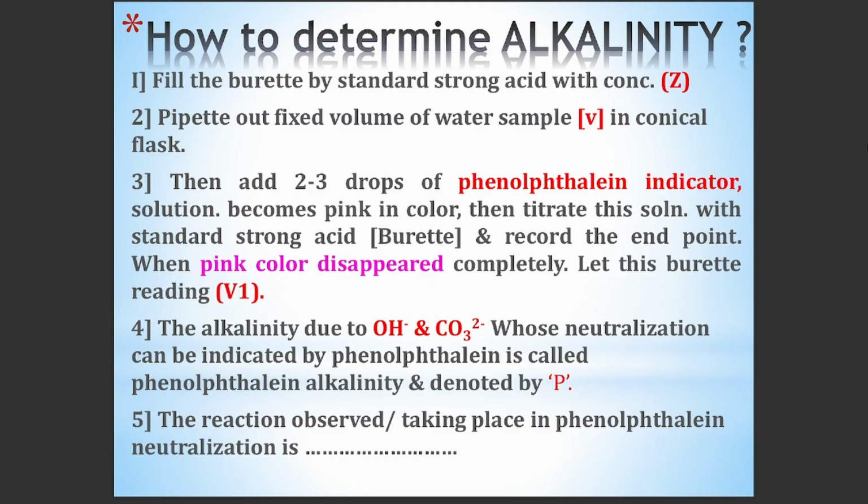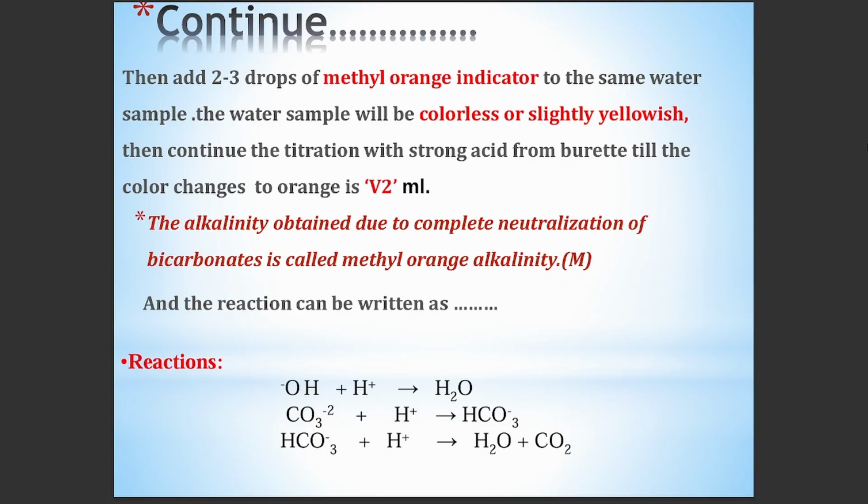The alkalinity due to the hydroxide and carbonates, whose neutralization can be indicated by the phenolphthalein indicator, is called the phenolphthalein alkalinity, and it is denoted by P. The reactions taking place during this neutralization are represented in the next slide.